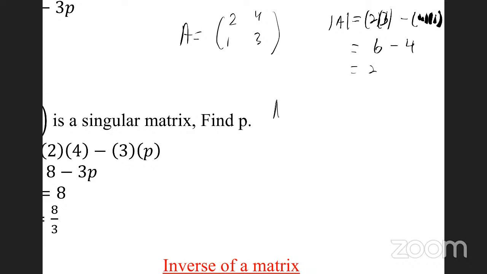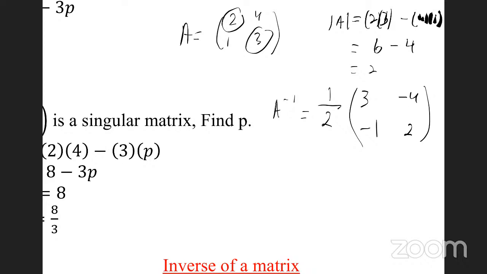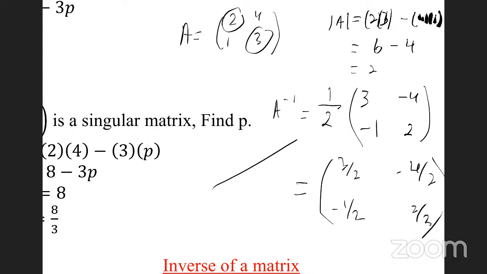Now, how do we get the inverse? The inverse is 1 over the determinant by the adjoint. How do you find the adjoint? Switch around the 2 and the 1 and put a negative sign by the 3 and the 4. Okay? And that's it. If you want, you can multiply everything by the fraction after, but it looks a little more complicated, so it's easier to work with it like this.